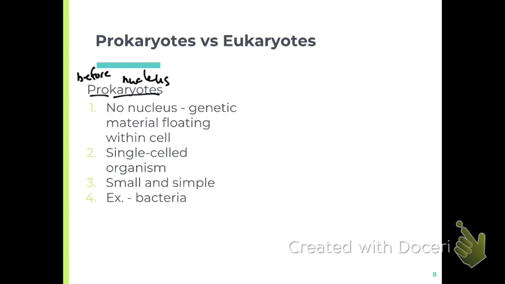The nucleus in a eukaryotic cell holds the genetic information like DNA and RNA. If you don't have a nucleus, then the DNA is just floating throughout the cell. Prokaryotes are single-celled organisms. They're very small and simple. An example is bacteria.